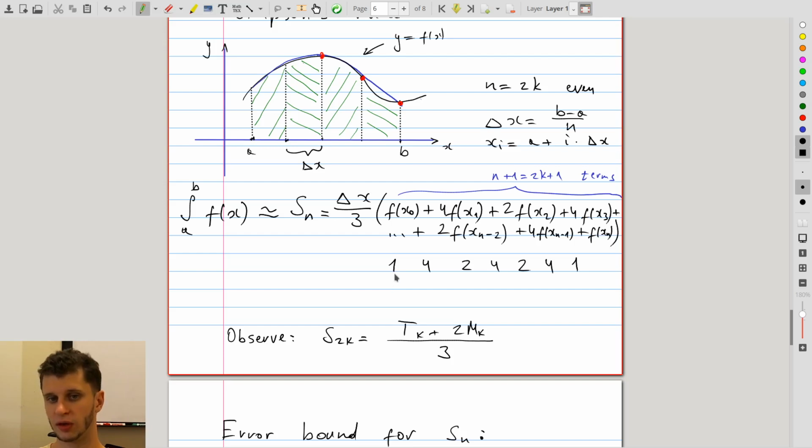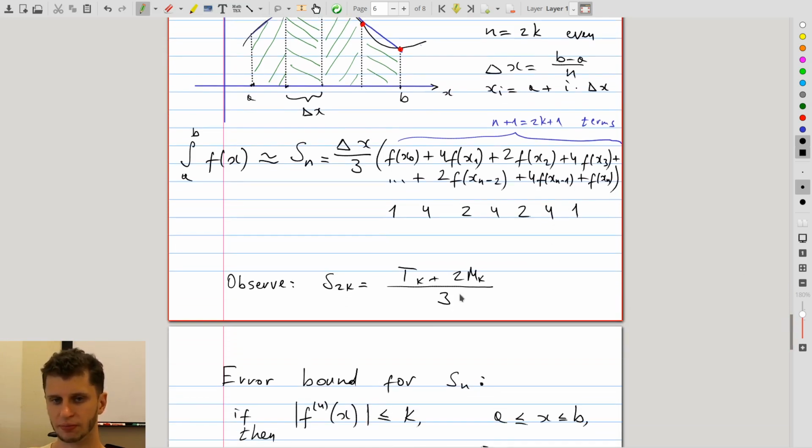It will start with 1, 4, then there will be a sequence of alternating 4s and 2s. Then at the very end, we have 4 followed by a 1. So the total number of coefficients is odd, and for that reason, we'll always have the one but last term being 4.